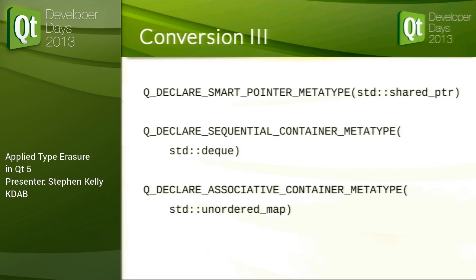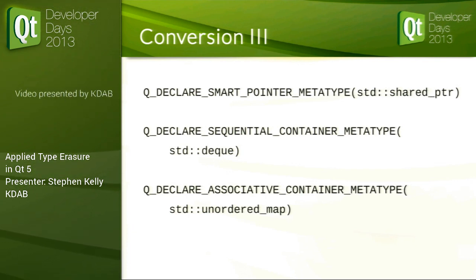So std::shared_ptr, that's newly standardized in C++11. That's a smart pointer. It's quite similar to QSharedPointer. If I use this macro, just like you would use the Q_DECLARE_METATYPE macro, now I can process a std::shared_ptr of QString or QObject in the exact same way as I can use a QSharedPointer.